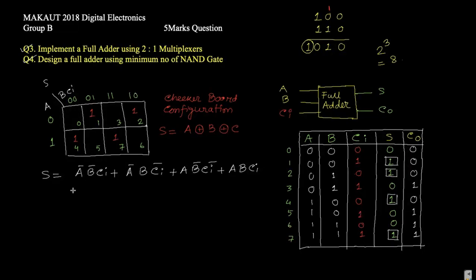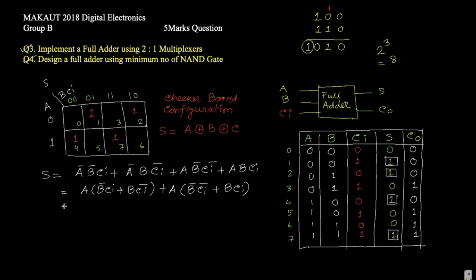Now solve it. Take A bar from the first part: B bar Ci plus B Ci bar. This is a very well-known expression. Then take A from the other part: B bar Ci bar plus B Ci.